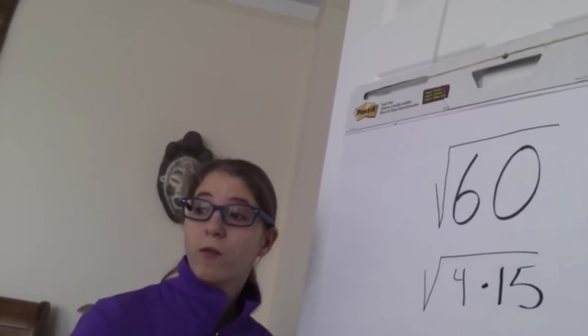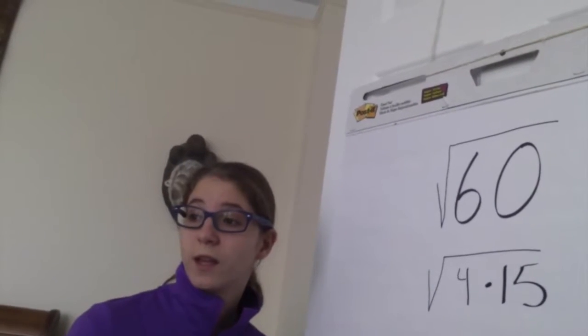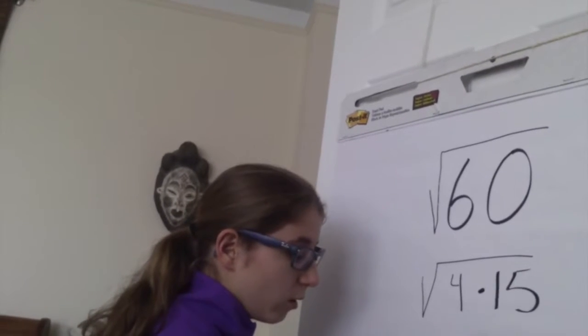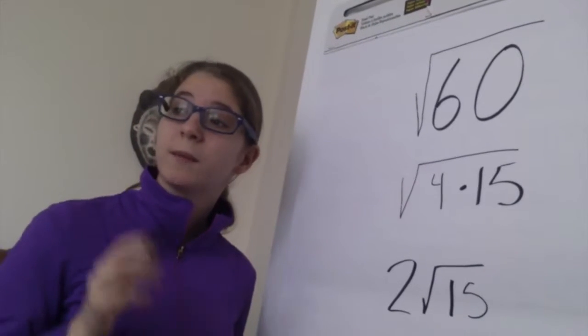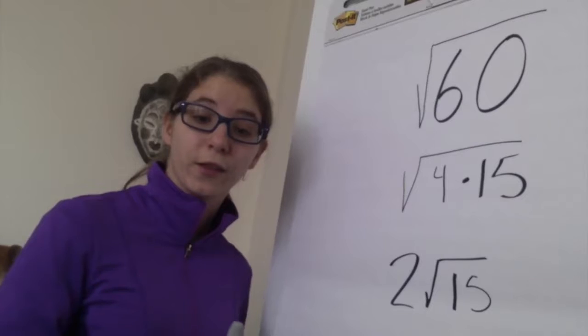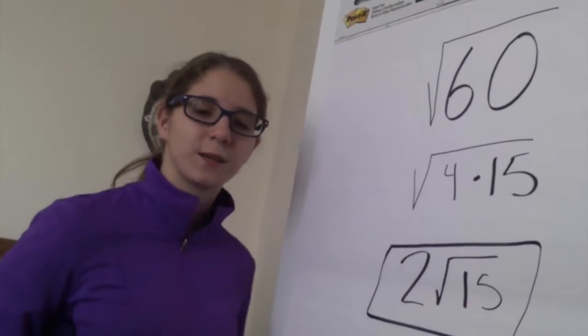The square root of 4 equals 2. So this leaves us with the answer of 2 radical 15 as the simplest radical form of this problem, since 15 cannot be simplified further. And that is your answer.